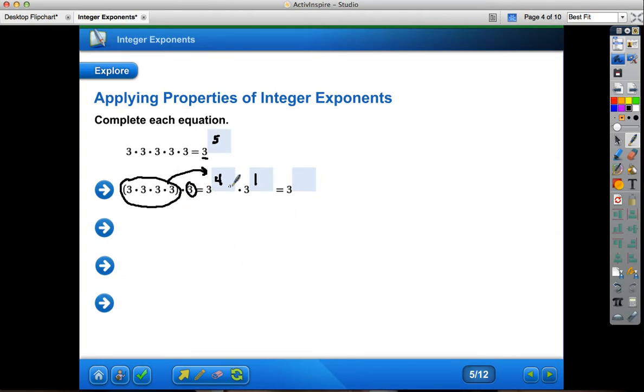And I know from before, since these two pieces are the same, I know that regardless of what I do, the associative property allows me to move these parentheses around. So since I have 1, 2, 3, 4, 5 3's, I know that this and this are equal. So these two things actually still give me 3 to the 5th power.